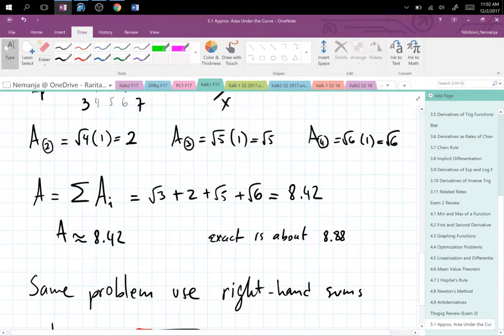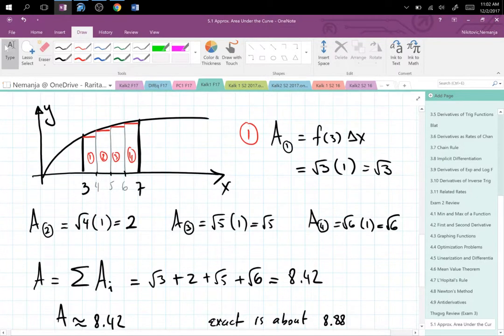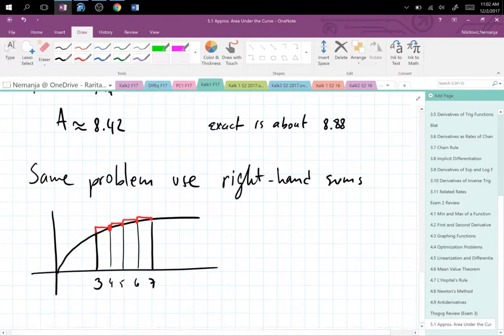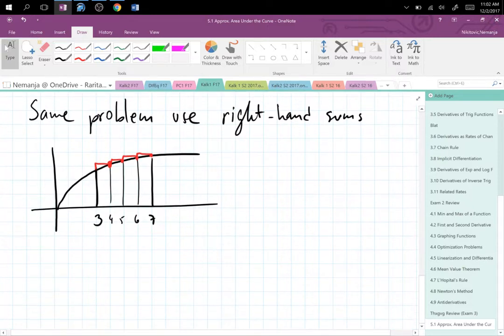Because, look, before, the area that we calculated was less than the actual area. All of these, see this area there? That area was not included in our calculation. So now, when we calculate the same problem, we are going to get more.